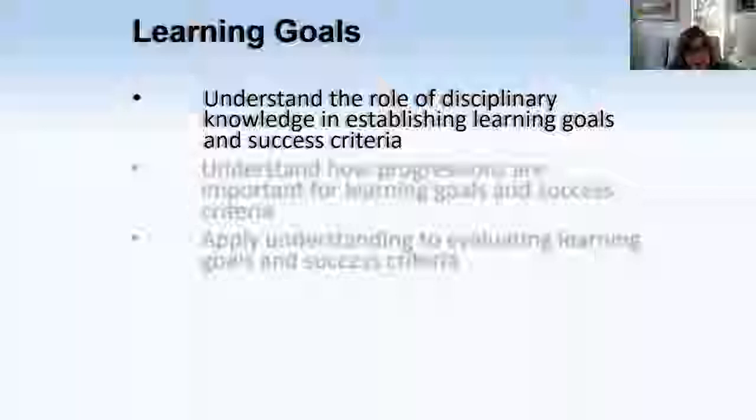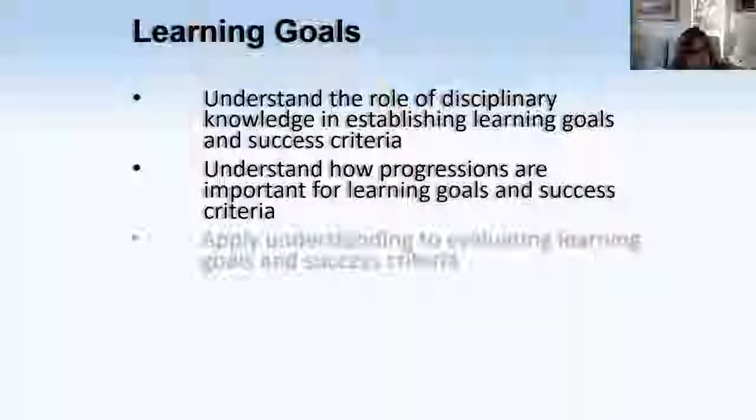So that's going to be a focus, understanding how disciplinary knowledge supports learning goals and success criteria. And then the second goal we have is to understand how progressions are important for learning goals and success criteria. And Charlie's going to talk a little bit about, I hope, the progression across grade levels in social studies, or even within grade levels in social studies.